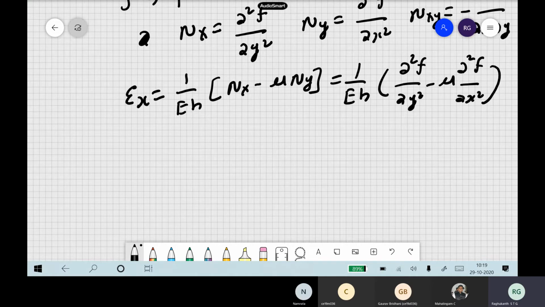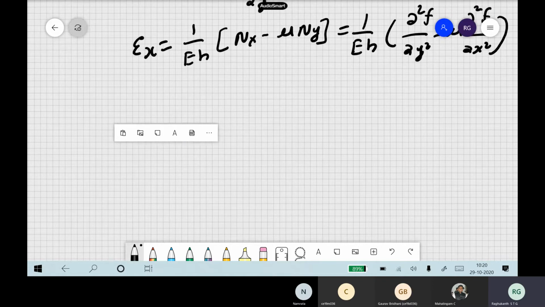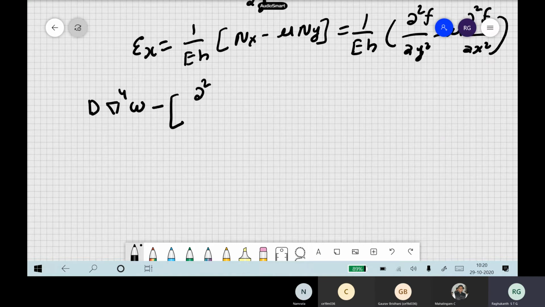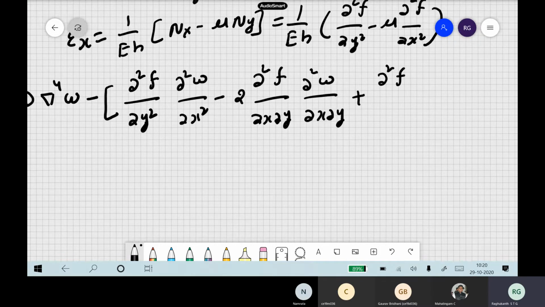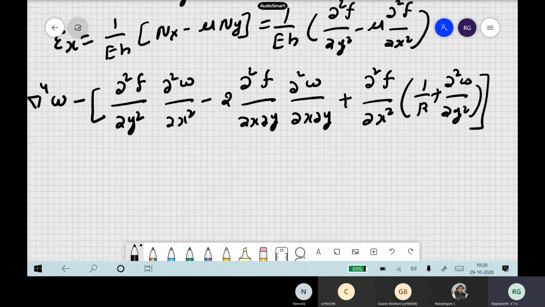Then you eliminate u and v, so u and v are eliminated. We are writing everything in terms of the stress function f, and we have w. So our equation will be the compatibility equation and then this one. This is equilibrium: dou square f by dou y square into dou square w by dou x square minus 2 dou square f by dou x dou y into dou square w by dou x dou y plus dou square f by dou x square into 1 by r plus dou square w by dou y square, equal to p.